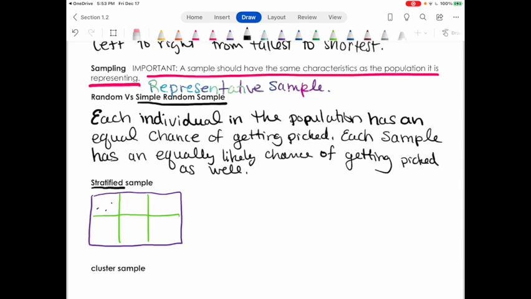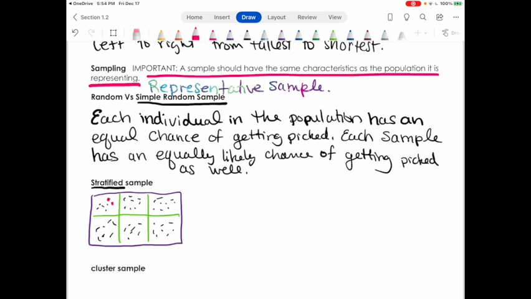And so let's say I have all my population in here. There are all these individuals in each of these groups that I split my population up into. Now, when I randomly pick from my groups, if I pick the same number randomly from each of these groups within the population, then that's called stratified. So let's say I pick 3 from each group.